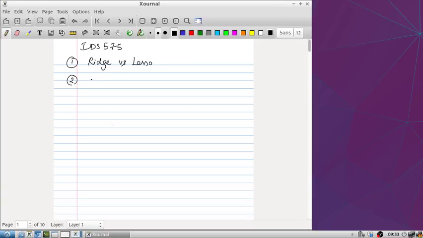Second, classification, linear regression.